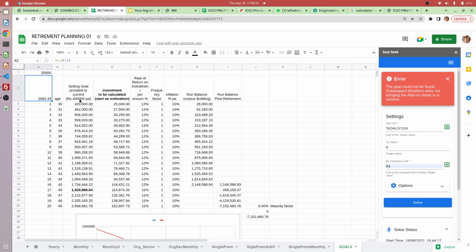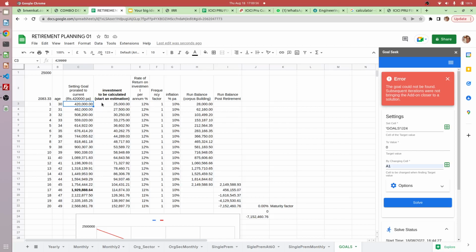Setting goal prorated is approximately 4,20,000 rupees per annum. Starting with 4,20,000 rupees, we are increasing it every year by 10%.